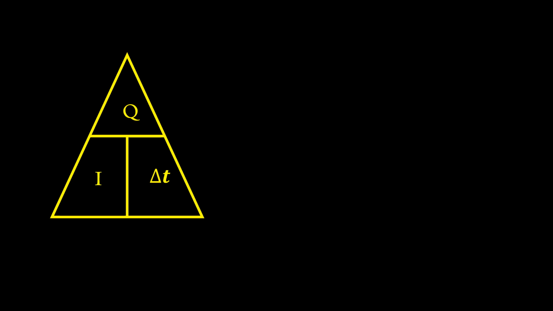Let us have a look at this triangle, as it will help in deriving the expressions for current I, the change in time delta T, and the charge Q. We have already mentioned that the expression for current is I equals Q divided by delta T. The expression for the change in time is delta T equals Q divided by I. So the change in time equals the charge divided by the current.